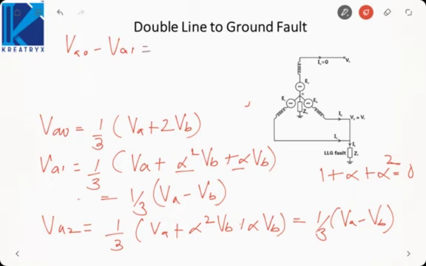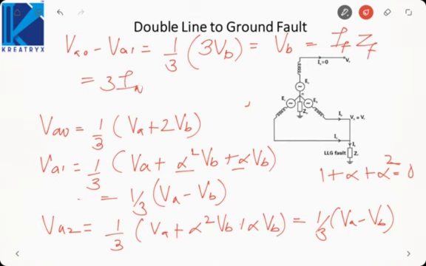How much will this come out to be? 1 by 3: VA minus VA gets cancelled out, and 2 VB minus VB is 3 VB. So this will come out to be VB, which is equal to IF into ZF, or we can say 3 IA0 ZF, or IA0 into 3 ZF.